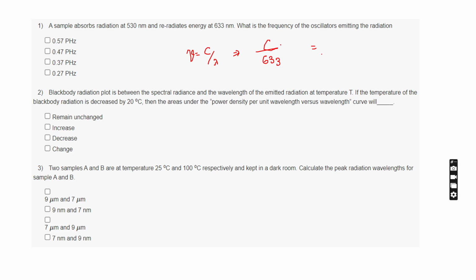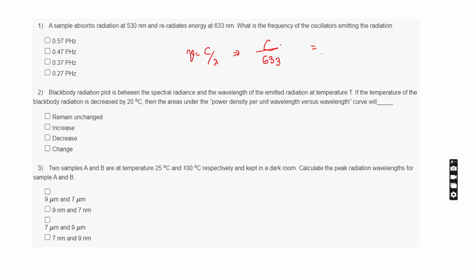Now what about the third question? Two samples A and B at temperatures 25 degrees Celsius and 100 degrees Celsius respectively are kept in a dark room.